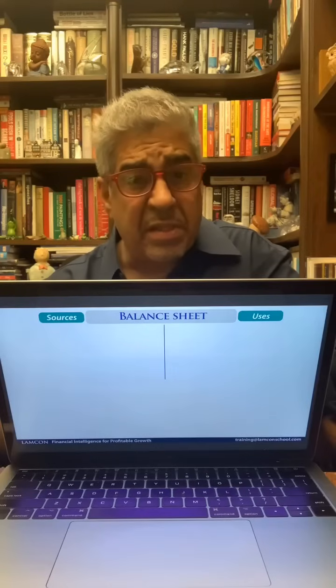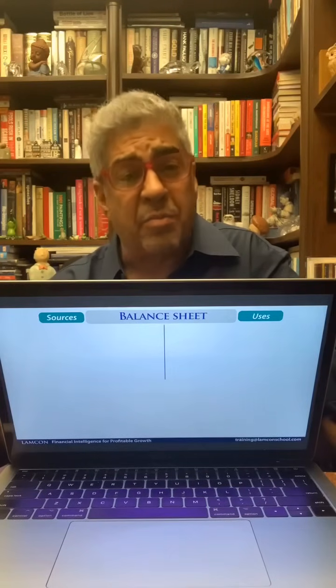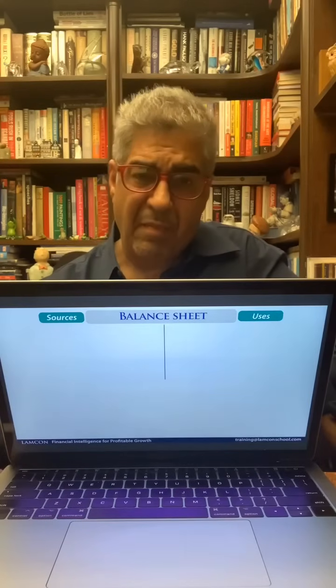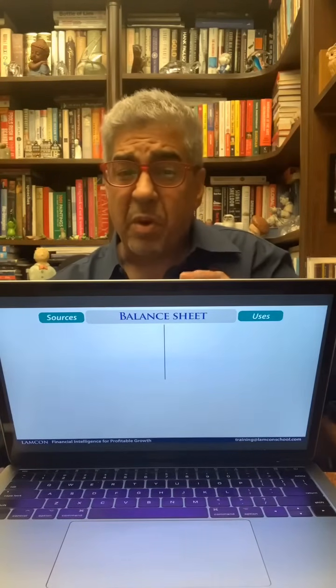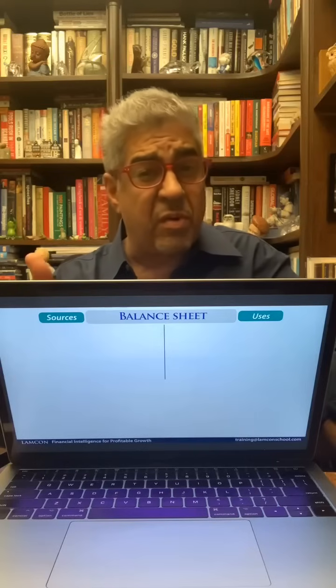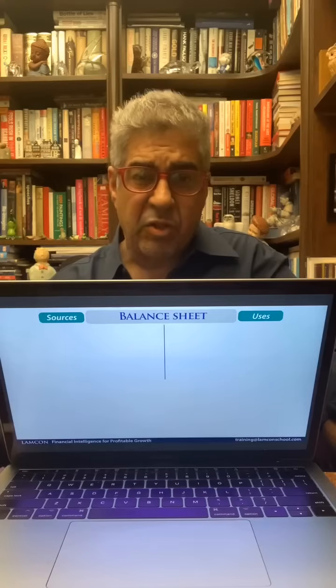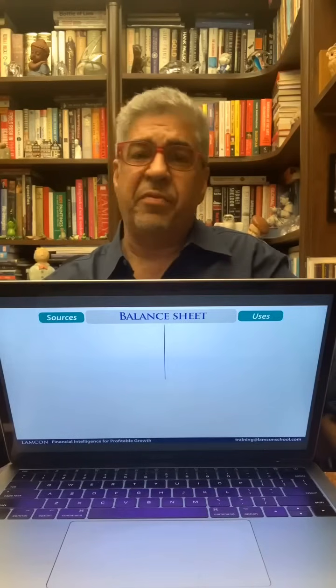When a business needs money, folks, it has only one option, and that option is to borrow. Who does a business borrow from? It borrows from the owner, and it borrows from an outsider. So we treat the owner as different from the outsider.